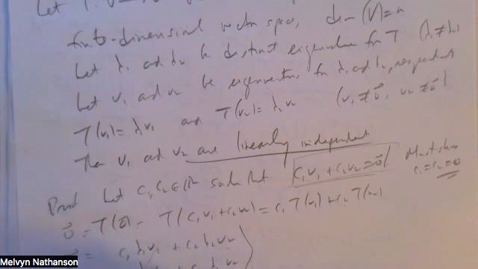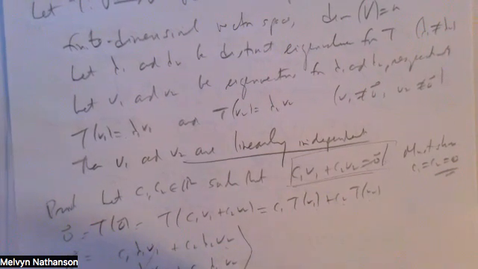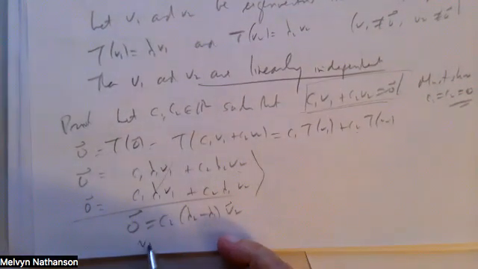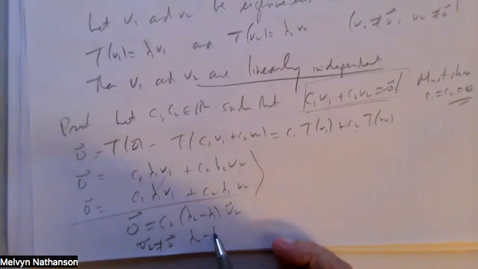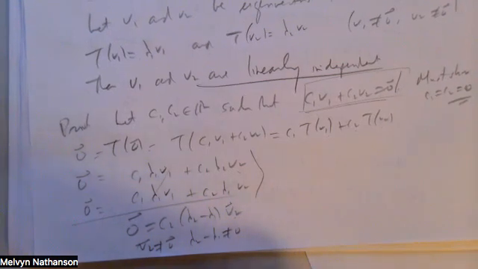I get C2 (lambda 2 minus lambda 1) V2 is the 0 vector. Now, V2 is not the 0 vector. It's an eigenvector, so we know it's not 0.